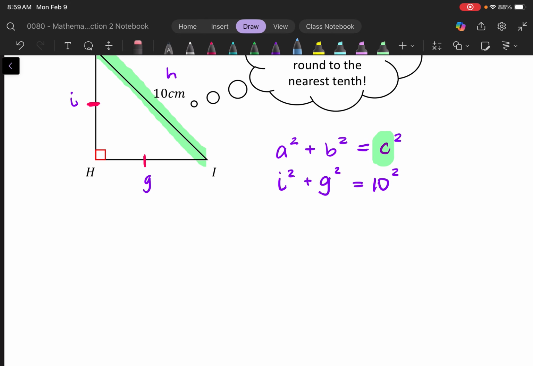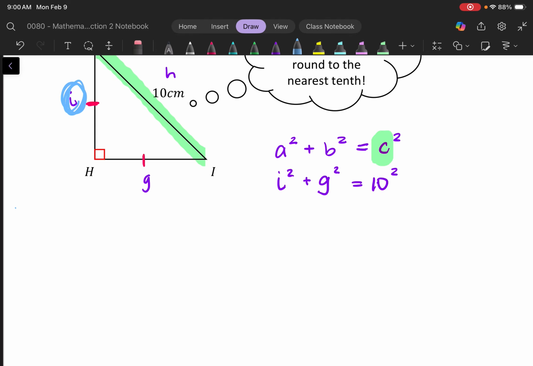What I mean by that is, since little baby I and little baby G are congruent, I can replace little baby I with a G, or I could replace a little baby G with a little baby I, because the values of both of them are the same. They will be the same length.